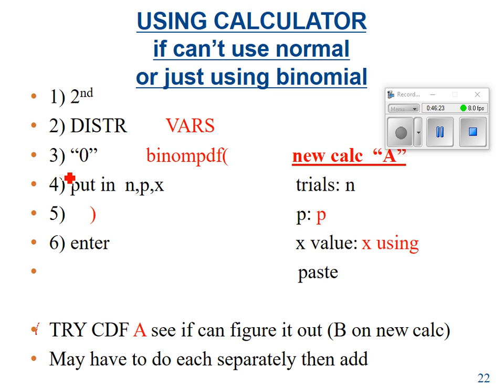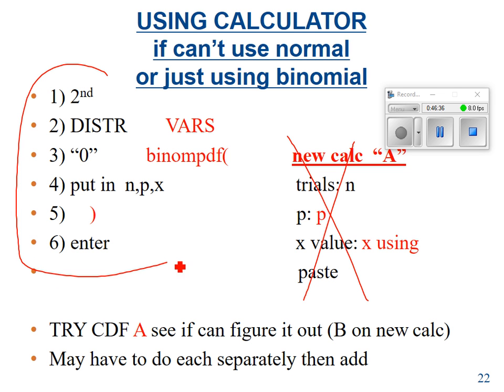If you're using a calculator and you can't use the normal or just using the binomial, then you don't need this stuff over here. Remember, for binomial, this is what we did for binomial back in chapter 4.